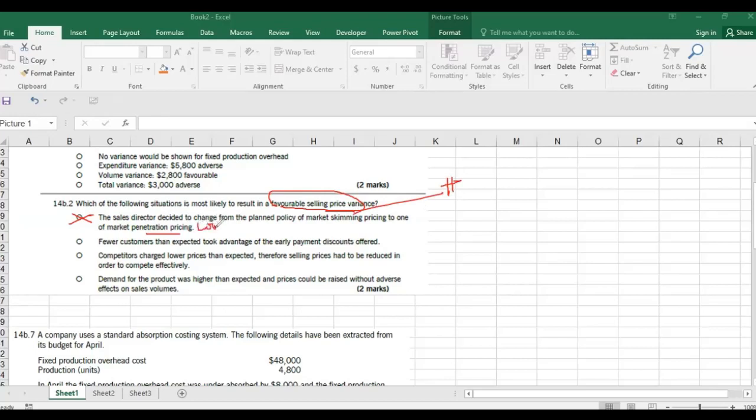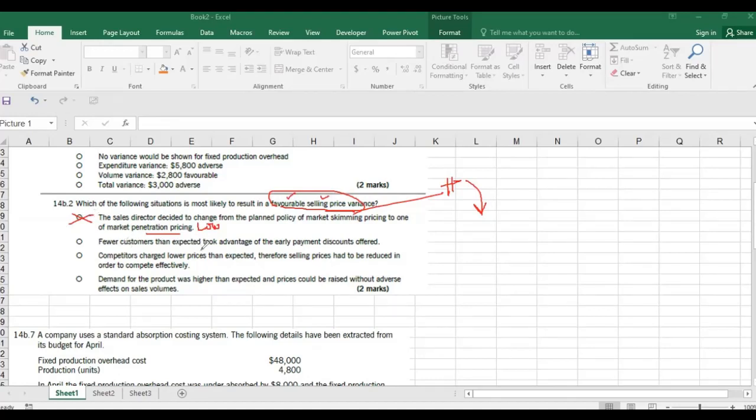So when you are moving from skimming to penetration, you have decided to decrease the price. If you are decreasing prices, you cannot have a favorable selling price variance. Actually, this strategy will give an adverse selling price variance. A is not the answer.